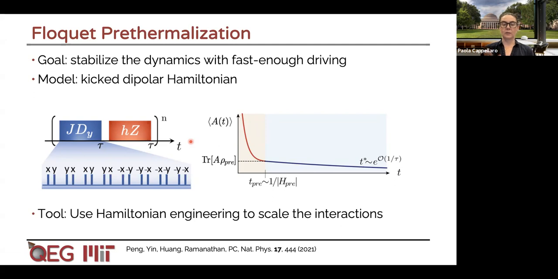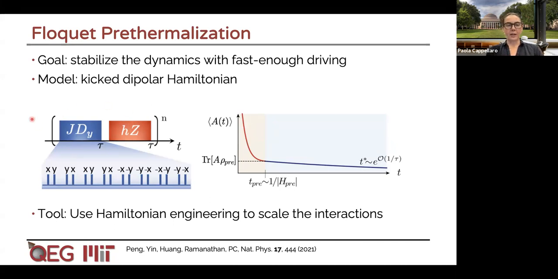Instead, what we wanted was to keep the time constant so that decoherence, which is inevitable, is always there. But what I'm changing is the strength J of my interaction, and the strength H of the field. In this way, by using tools from Hamiltonian engineering, I can keep fixed what is not under my control, and instead change the interaction itself in a controllable way.